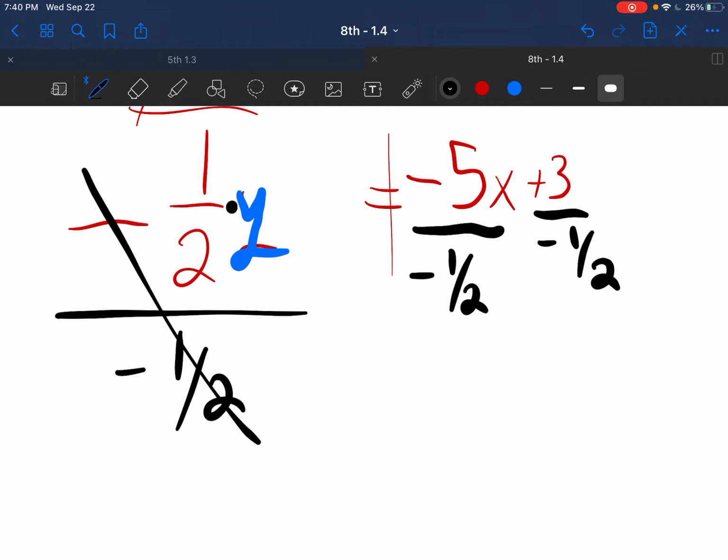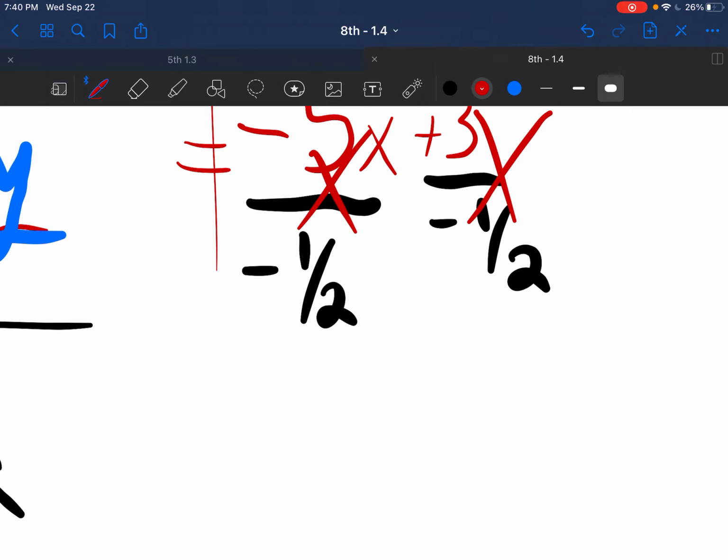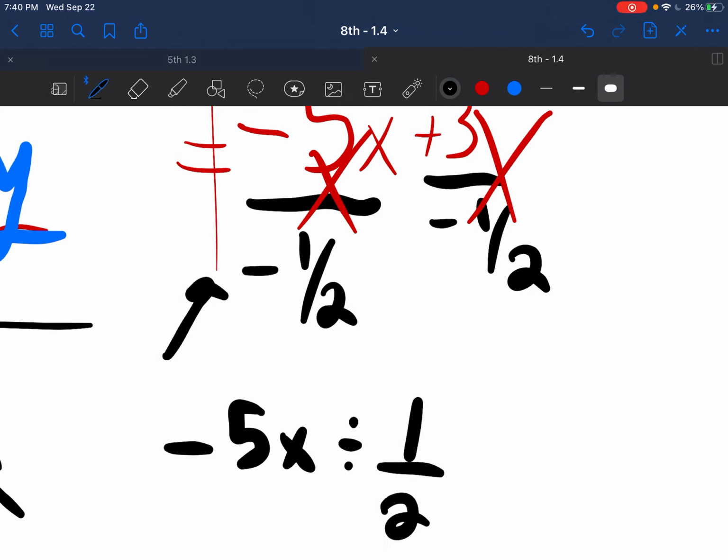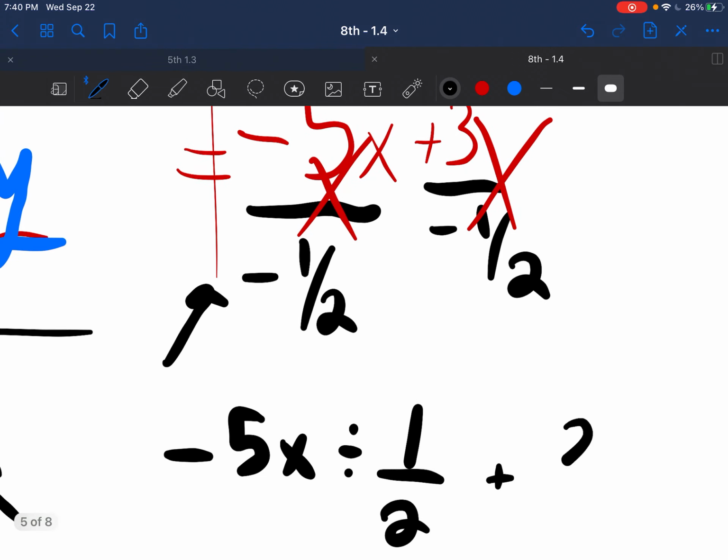1/2. Now, we learned earlier on in this chapter that we don't like to do fractions like this, right? We have to do it horizontally. So I'm going to zoom in and just break these down into smaller problems. So I have negative 5x, right? And it was divided by 1/2, right? That's the problem. And then I had plus 3 divided by 1/2.